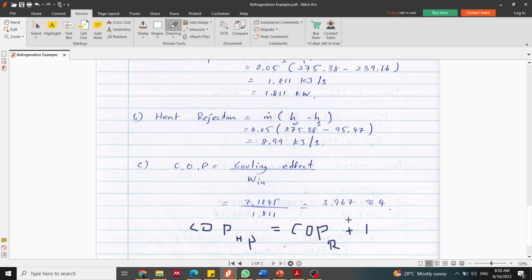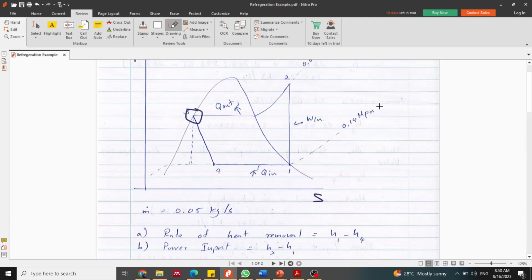That is true, right? Because whatever the energy input in here will be dissipated in here. That means the 4 units of heat energy will be absorbed in the evaporator, and 1 unit of electrical energy will be transferred to the fluid in here.